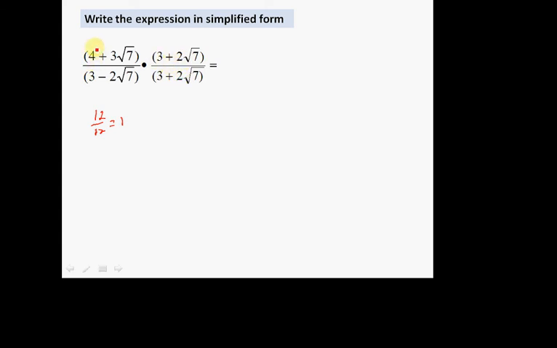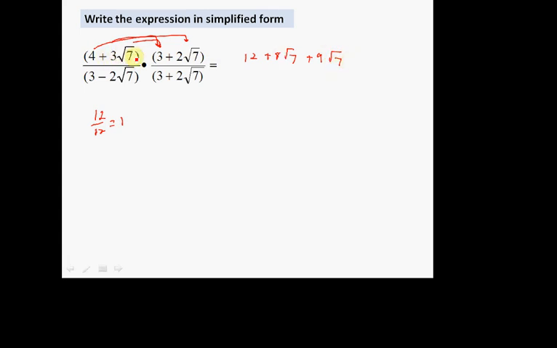So now we're going to use the distributive property. 4 times 3 is 12. 4 times 2 times the square root of 7 is plus 8 times the square root of 7. Then 3 times the square root of 7 times 3 is plus 9 times the square root of 7.